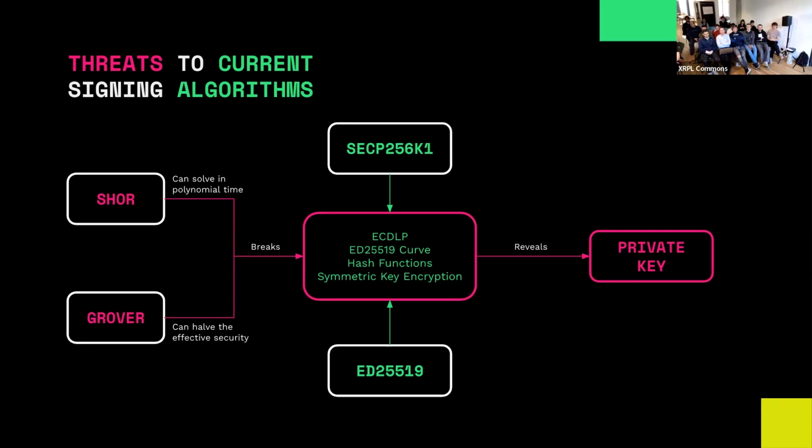Grover's algorithm, on the other hand, may not be a direct threat, but it still has potential to evaluate cryptographic hashes faster than any brute force algorithms.